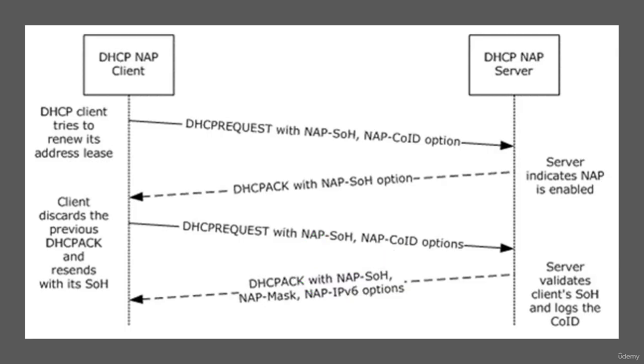Dynamic Host Control Protocol, DHCP, provides a framework for passing configuration information dynamically to hosts on a TCP/IP network. A DHCP client is a host that uses DHCP to obtain configuration parameters such as an IP address. A DHCP relay agent is any host that forwards DHCP packets between clients and servers.